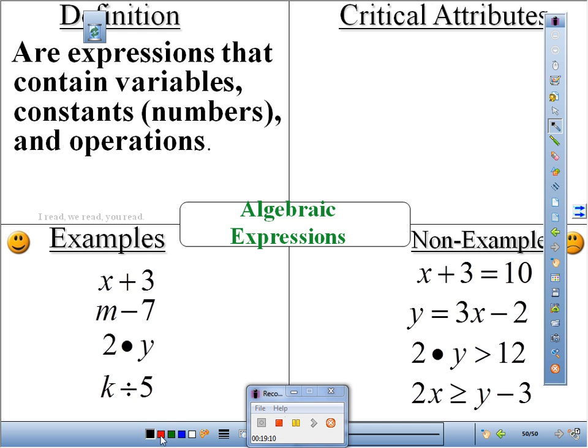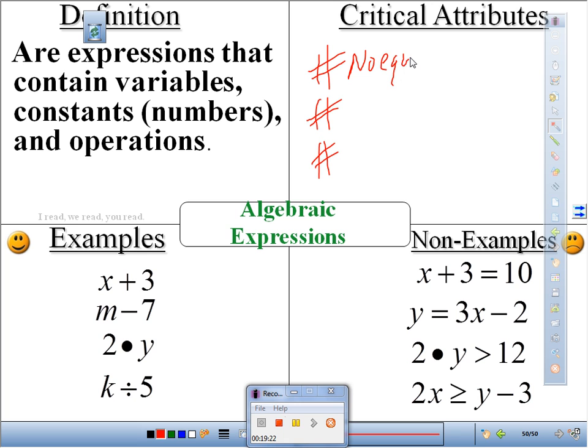So if I was to ask you to get your mobiles out and take a picture of this and send it out or snap it or whatever, what hashtag would you attach to this picture of algebraic expressions? Hashtag no equal sign. That's a good one. Karina?